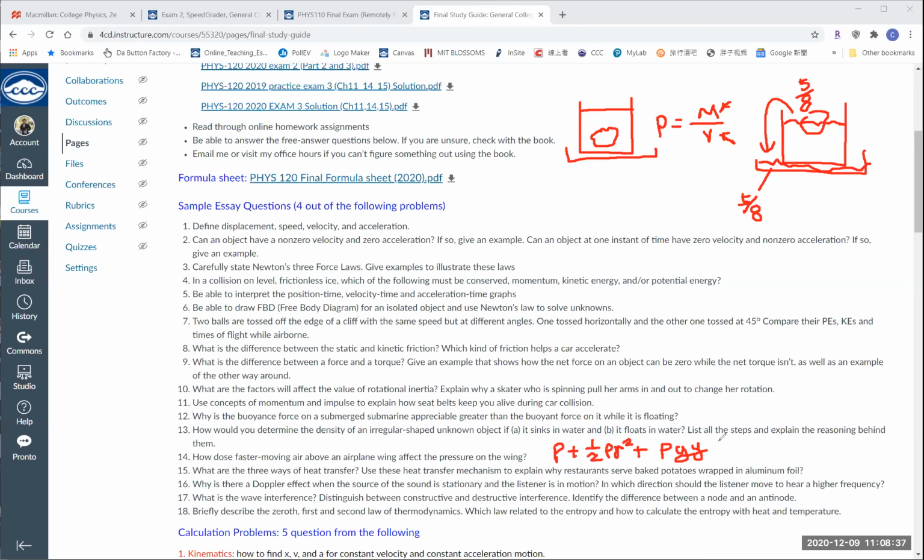So if you have a fluid with the speed being different, the difference will create a pressure difference. And pressure difference will create a force. So if you have a net force not equal to zero, then the larger pressure will push toward the smaller pressure. So that will create a pressure force in this situation.